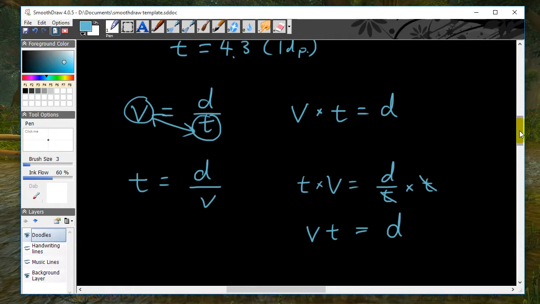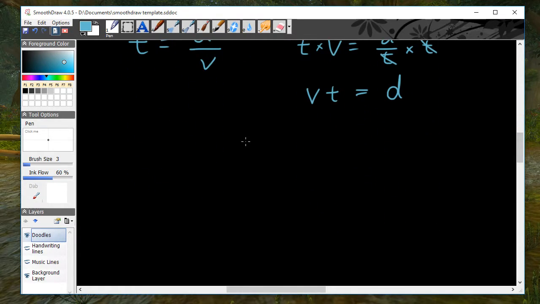So vt equals d. An easier way of remembering all this is to draw a triangle that looks like this, and you can put distance at the top, v on the left, and t on the right.